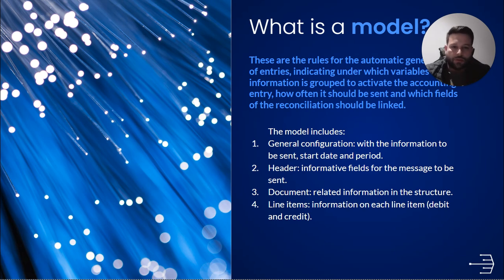The module includes 4 points. First, line items, which is the information on each line item, like debit and credit. Also, the document related information in the structure. The header, which is informative fields for the message to be sent. And finally, the general configuration, with the information to be sent, like the start date and the period.